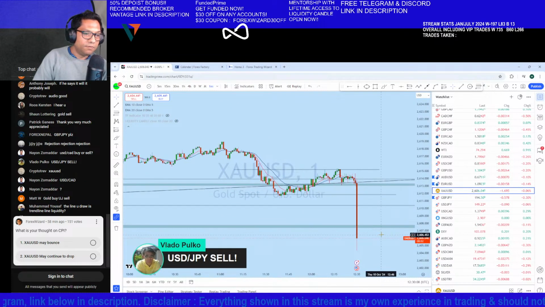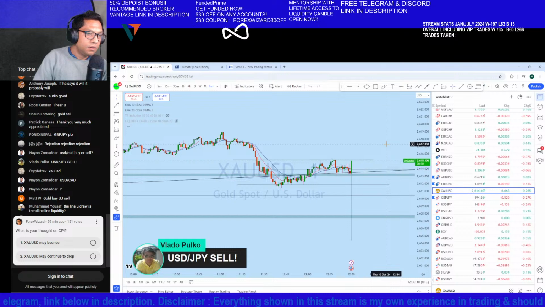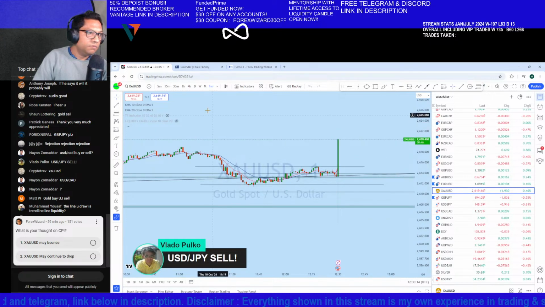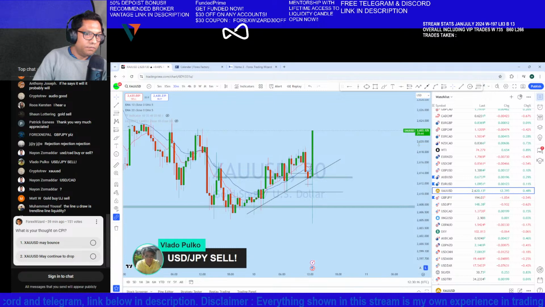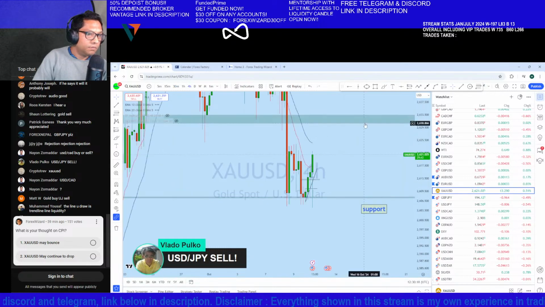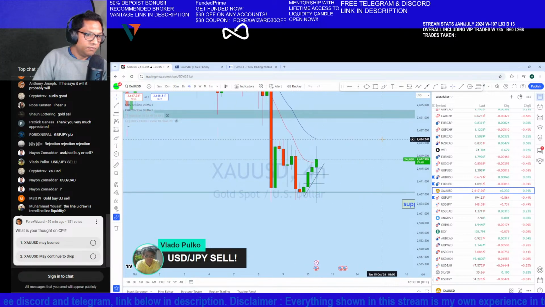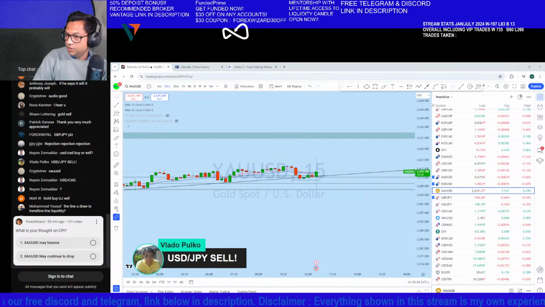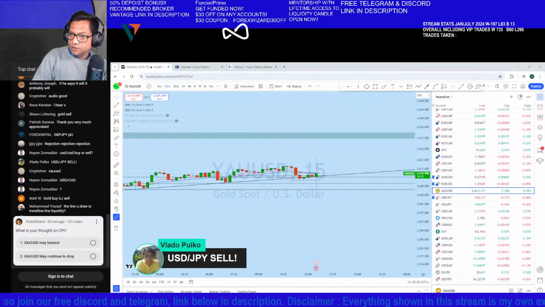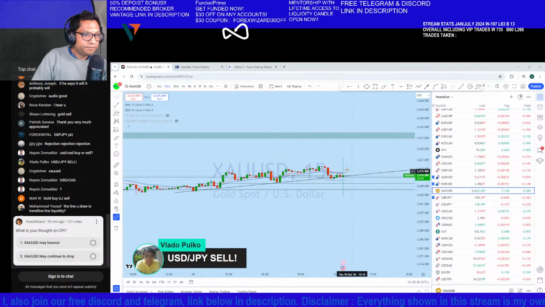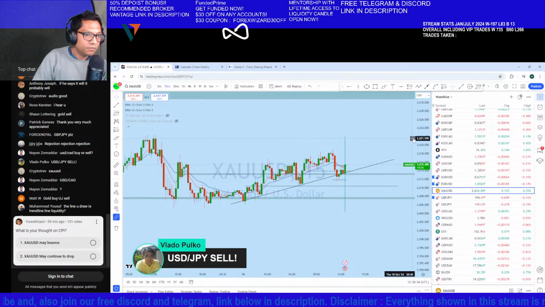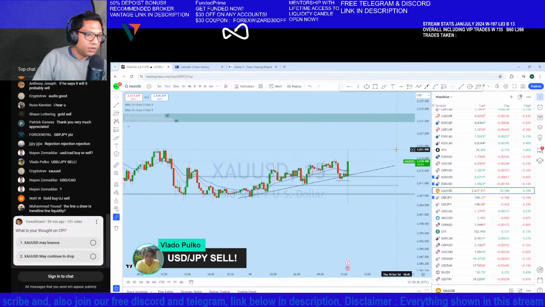Okay, so that's a massive breakdown here, and then a bounce. That's a pretty big spike. We'll see how it has impacted all the instruments.